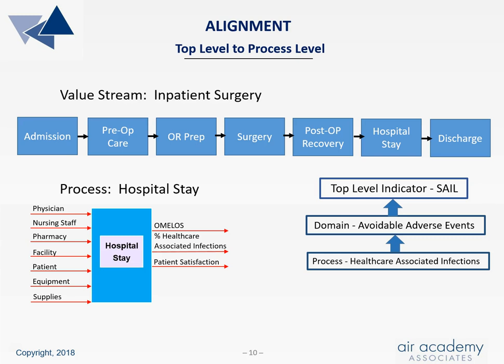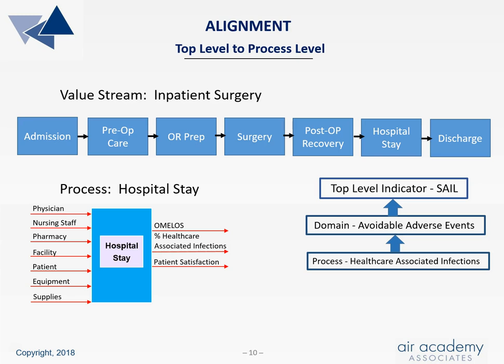there's a small probability that the patient can acquire a healthcare associated infection. Looking at the high-level process, hospital stay, it becomes evident that a measurement which tells us the health of that process, which is linked to healthcare associated infection, is, if you look on the right-hand side of the IPO, percent healthcare associated infections.